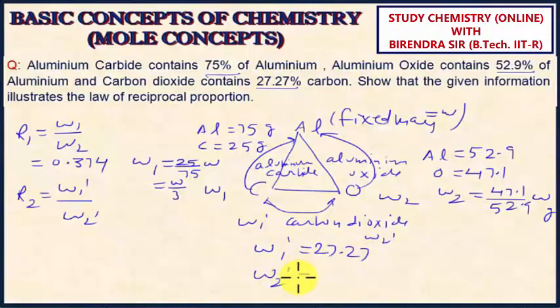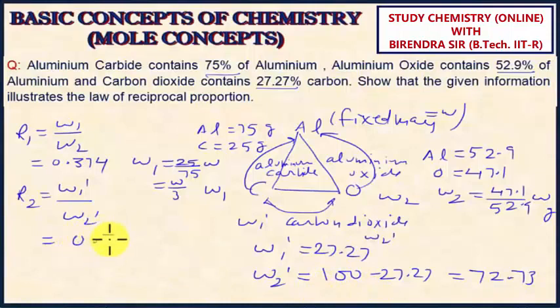So the oxygen amount will be what? 100 minus 27.27, and the value comes as 72.73. So the ratio 2 will be W1 dash upon W2 dash. If you find, the value comes as 0.374. Since R1 is coming equal to R2, hence the given data illustrates the law of reciprocal proportions.